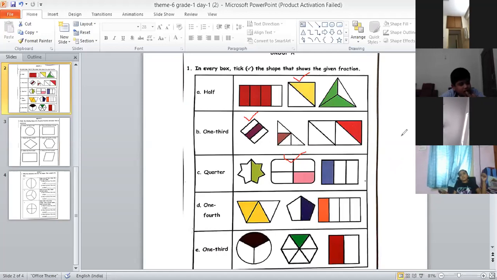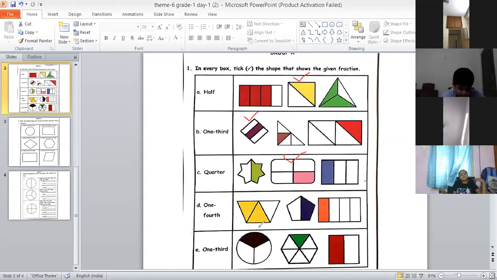Ashwath, now read this word in the fourth bit. What is this? Read the question. 1/4. Very good, this is 1/4. Now, we have to look for the shape which is representing the 1/4 fraction.